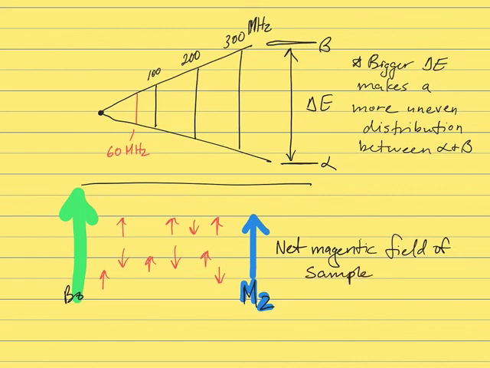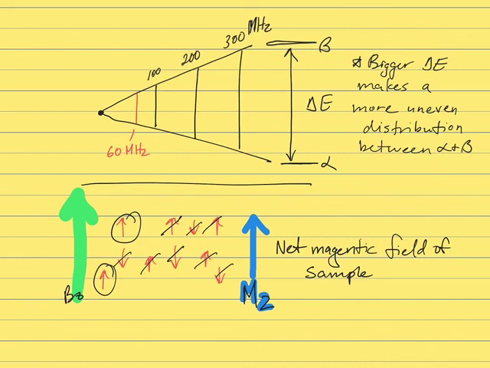So any of these arrows that are pointing up and down are going to sort of cancel each other out. So let's see, these would cancel, these would cancel, these would cancel, but we're going to have a couple spins left that don't have anything to cancel out with.